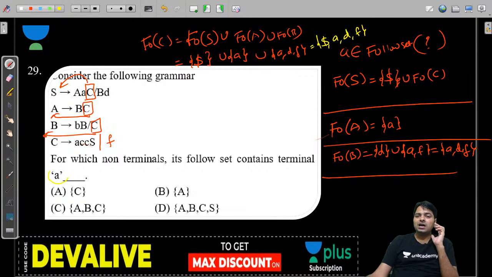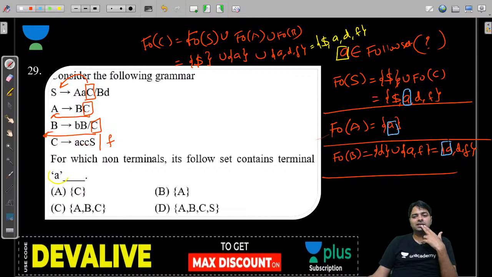And the question is, how many follow sets contain A? Look at that. Follow of C, you got A, right? So here also A is there. You can look at that. A is here, A is here, and even here also. So in all of them A is there.